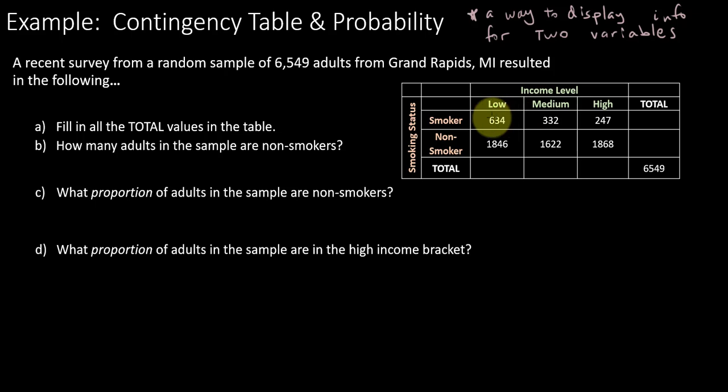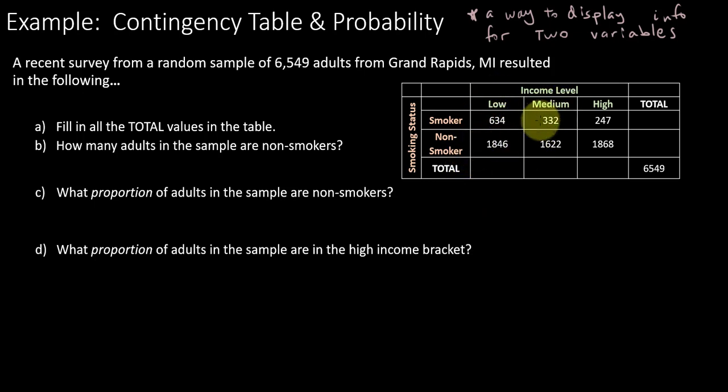So we're going to look a little bit more closely here at the cells in this table. Each individual in this sample provided two pieces of info, one for each of the variables. And so we can see here that there were 634 people who were both in the low income and smoker categories. If we add up the 634 along with this 1846, that would be the total number of people who were in the low income category.